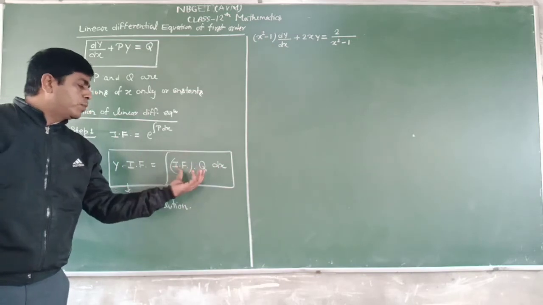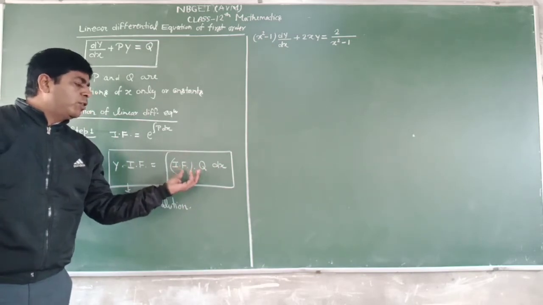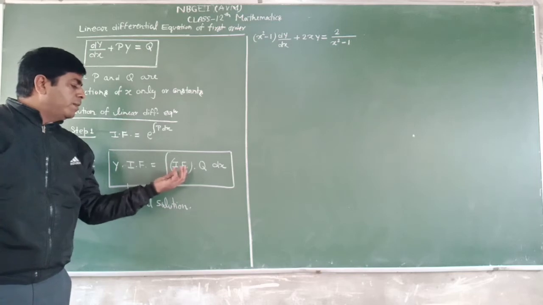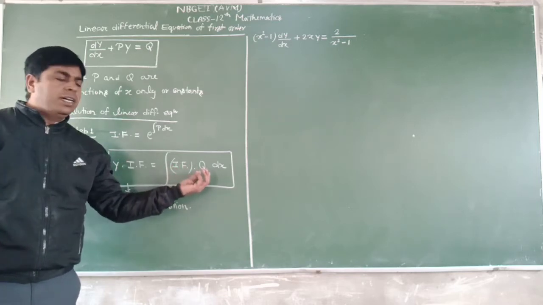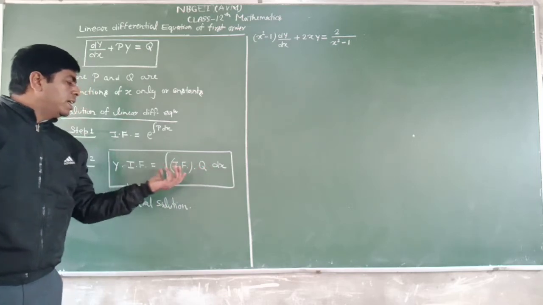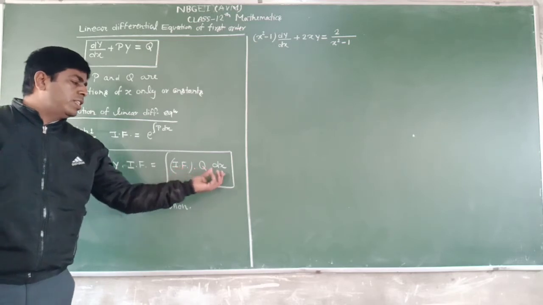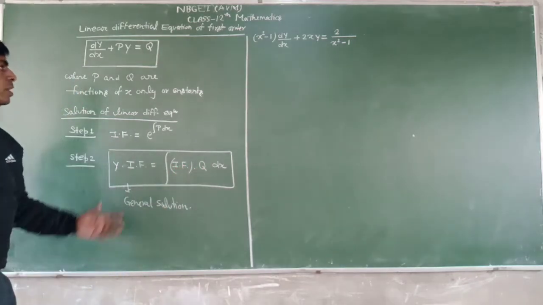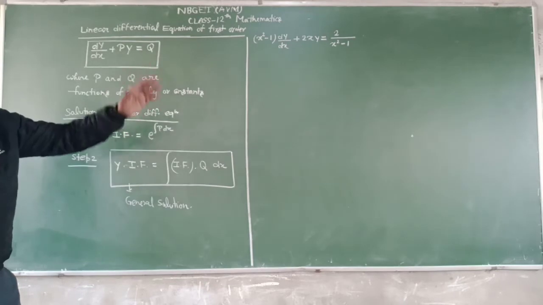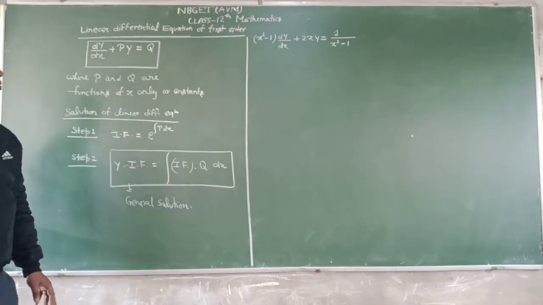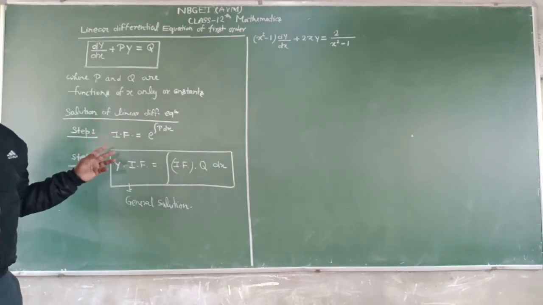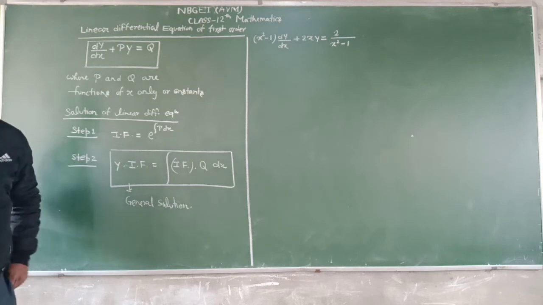It means the product obtained by multiplying the integrating factor and Q, we will integrate with respect to x. Now we will try to understand with an example how to solve the linear differential equation.